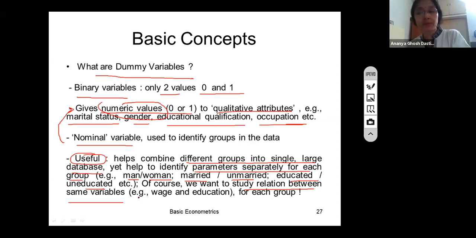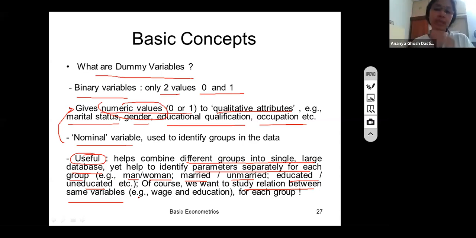So I have these four groups in my data. And for all of them, I want to look at the relation between wage and education. The use of dummy variables is that I can separate out all these groups and separately tell you that the relation is separate for each of the groups. That is the usefulness of dummy variables.